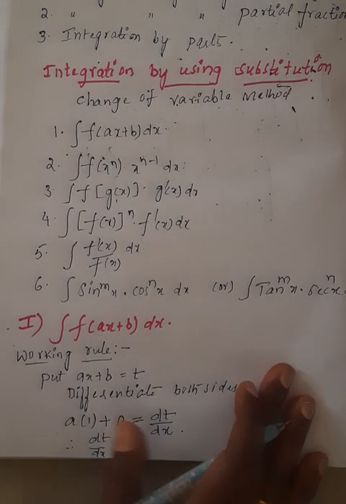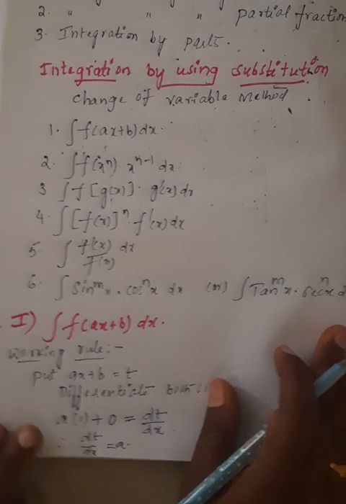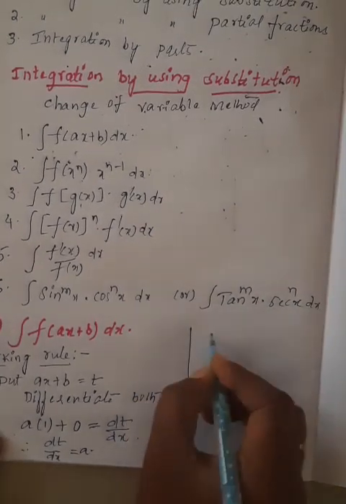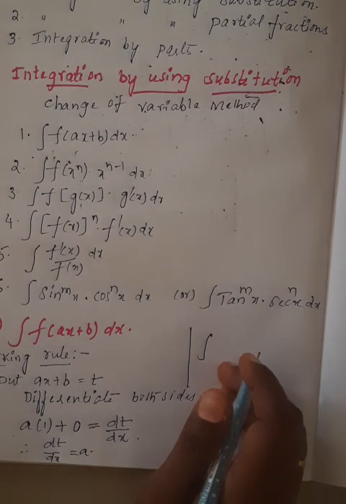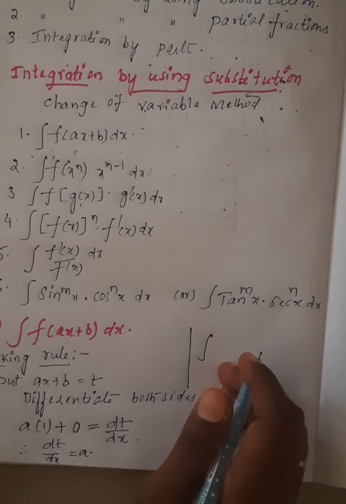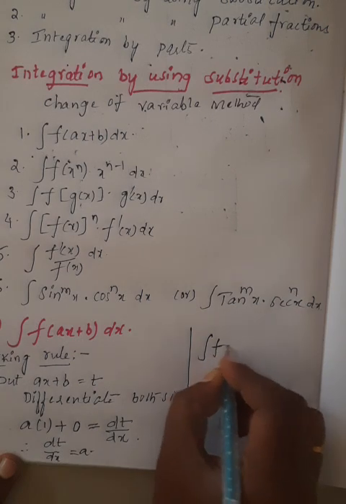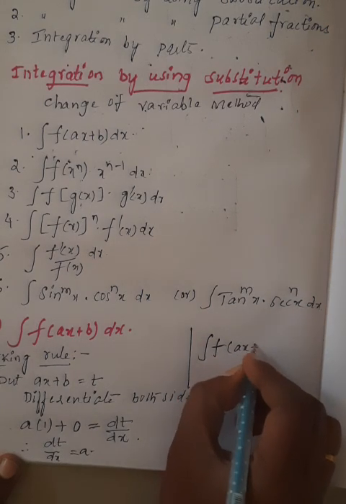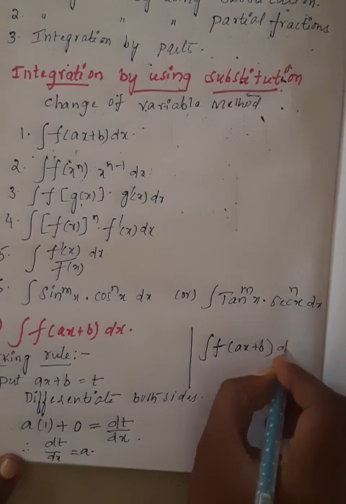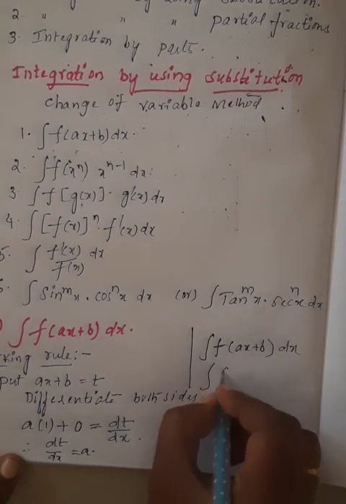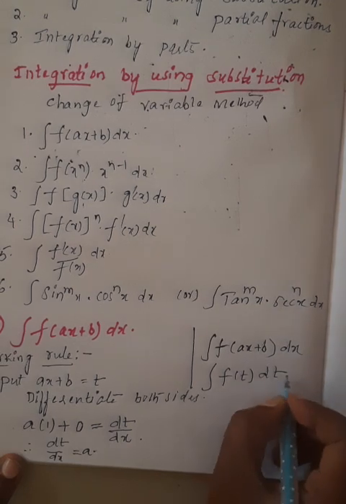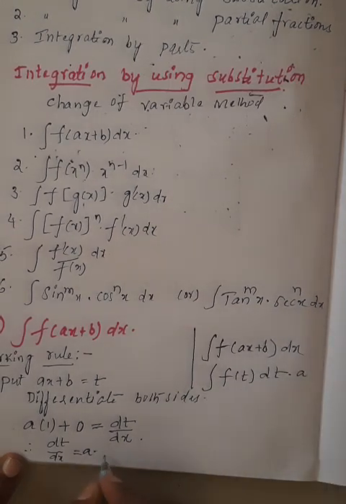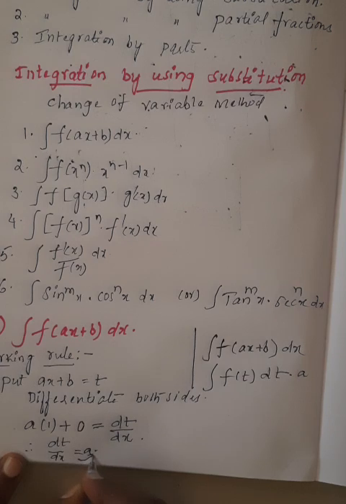Now we have to substitute in our question. Integration of f of ax plus b into dx will become integration of f of t dt into a, because a into dx will become dt.